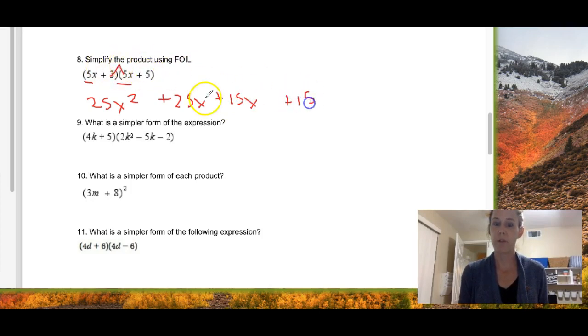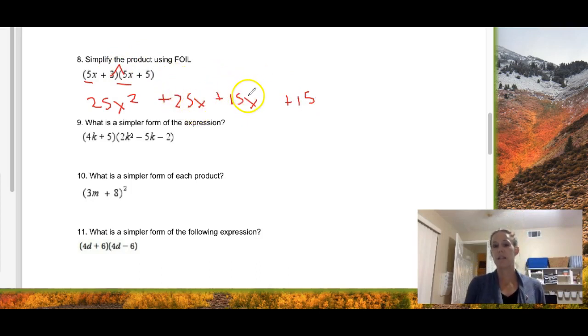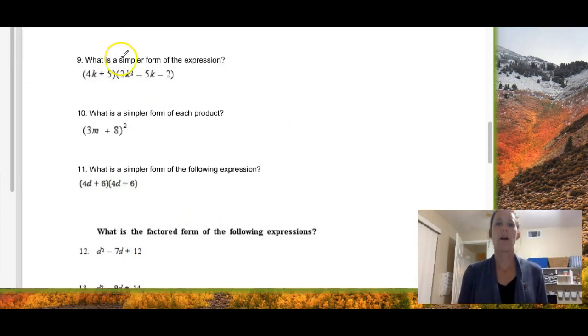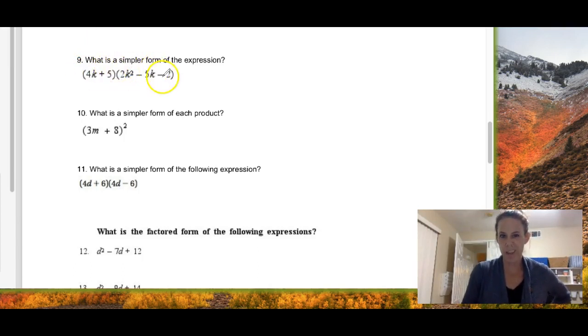You add your middle 2 terms because they are like terms. 25x's and 15x's, well, 25 and 10 is 35, so that's 40x's. So my final answer will be 25x squared plus 40x's plus 15. And you're finished.